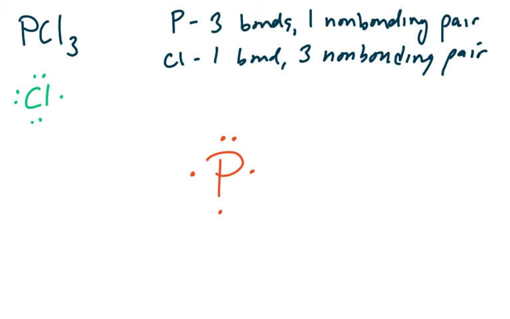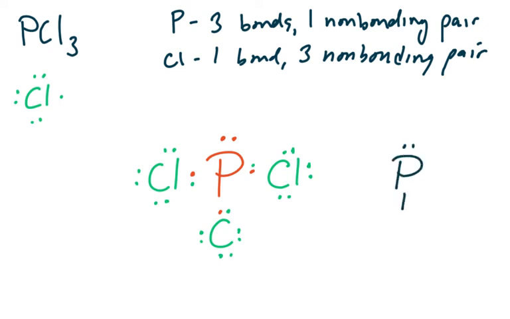So each chlorine would come with its 7 and share 1 of them with phosphorus, making those 3 bonds. So we draw this with a lot of dots left over. Like so.